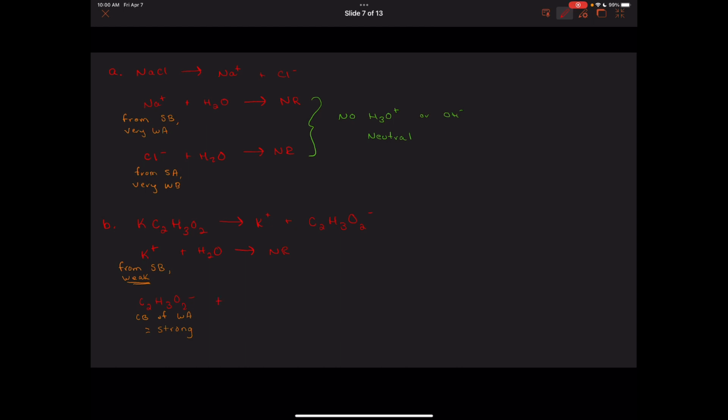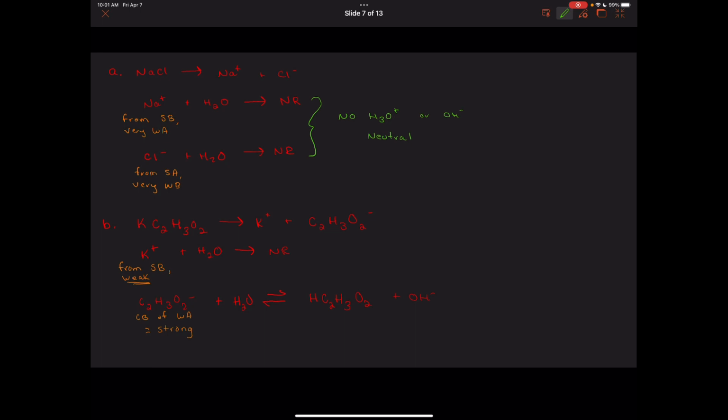And so conjugates coming from weak parents are going to undergo hydrolysis. So if this is a base, remember our bases are going to take a hydrogen from water. So we're going to get HC2H3O2 and hydroxide.